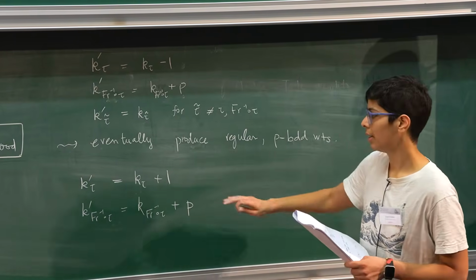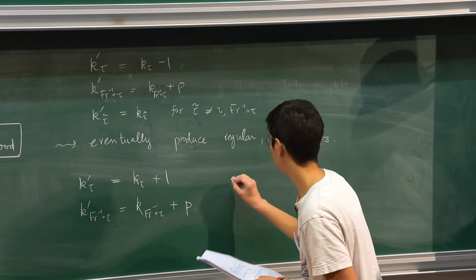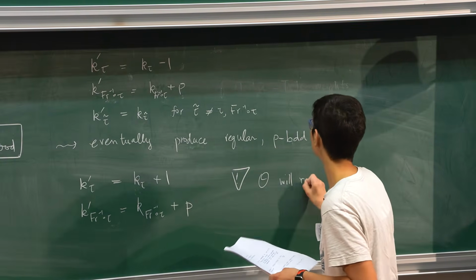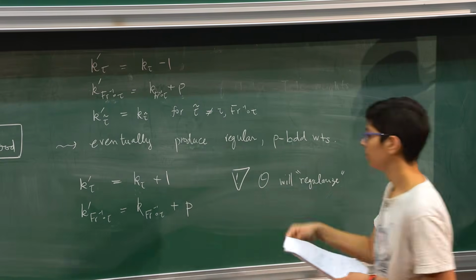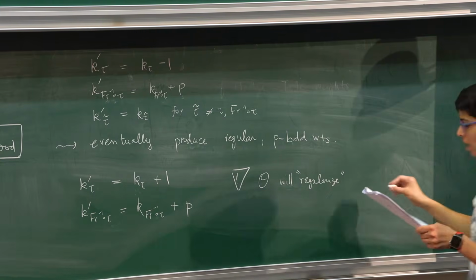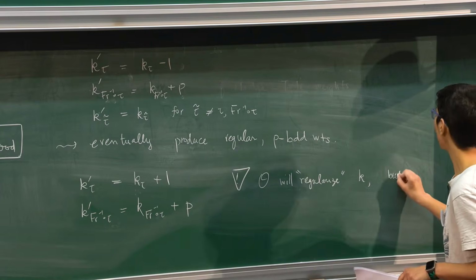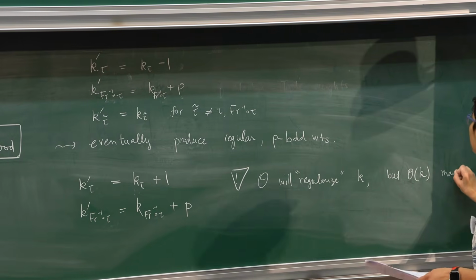It's still regular. So what I'm trying to say is that, caution, theta will regularize, but theta of k after whatever number of applications you're doing may not be p-bounded.